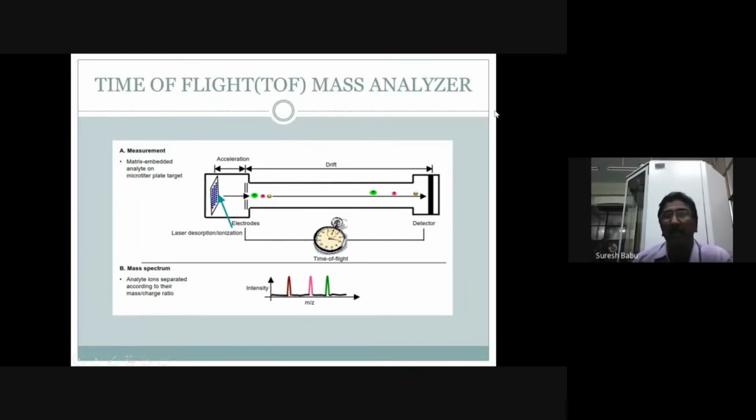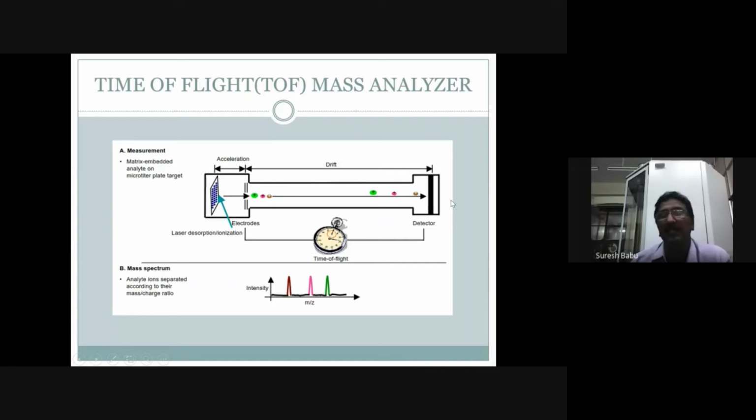Next is the time of flight mass analyzer. Here the ions are subjected to an electromagnetic field, and they move towards the detector based on their mass. Lighter particles move fastest and heavier slowest.